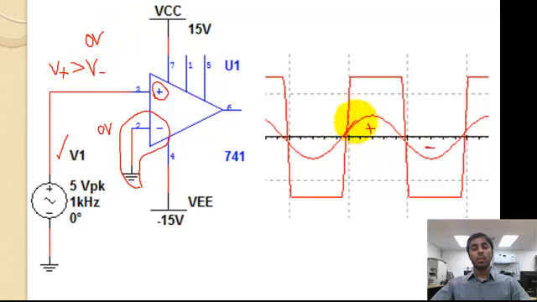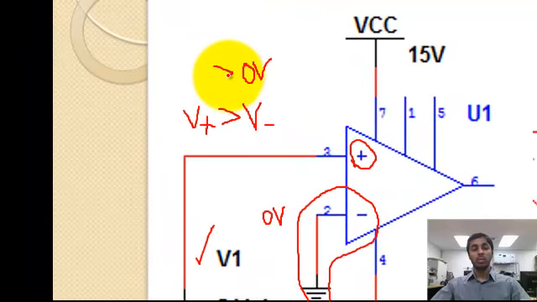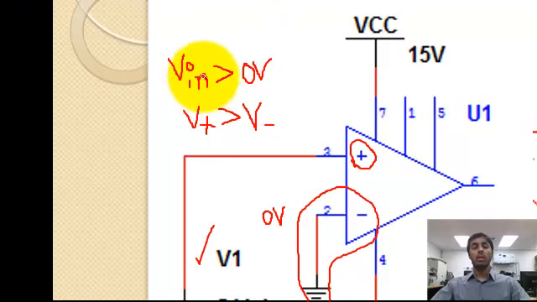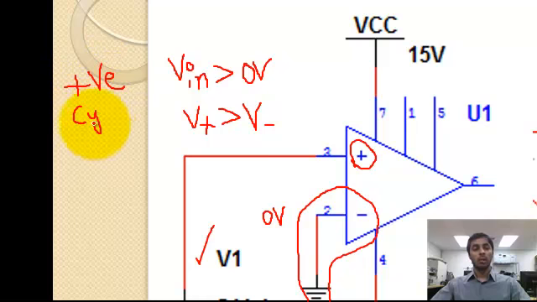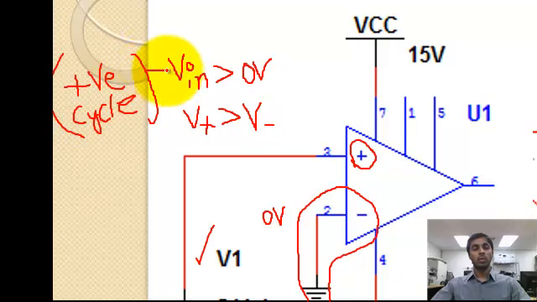As the input signal rises, going from 0, 0.1, 0.2, 0.3 and so on, all those values are greater than 0. So V input is greater than 0 in the positive cycle of a sine wave.